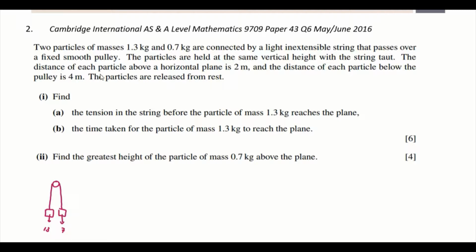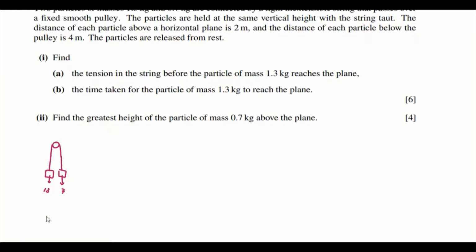Then the distance of each particle above a horizontal plane is 2 meters, so this is the horizontal plane maybe. So we know that from here to here is 2 meters. Then the distance of each particle below the pulley is 4 meters, so here is 4 meters. Sorry, it's not obvious in the picture, but that's the idea.